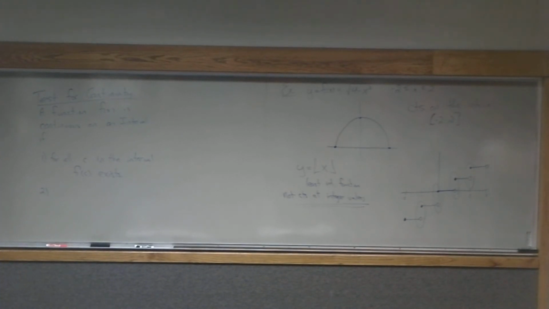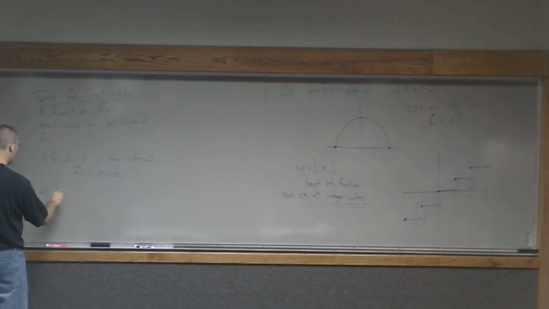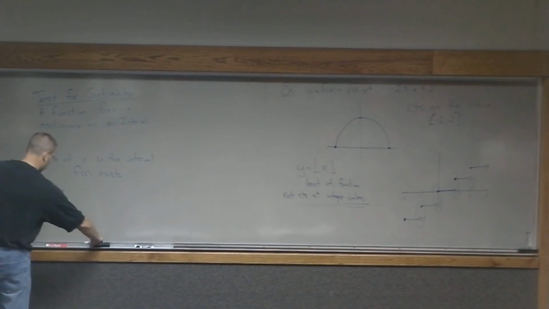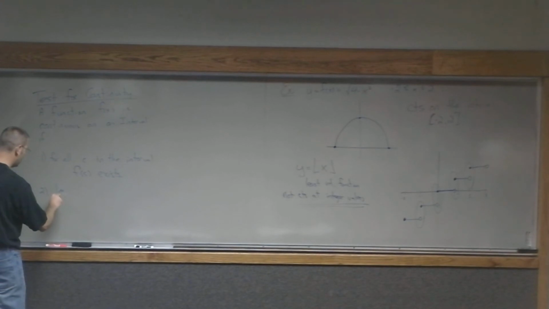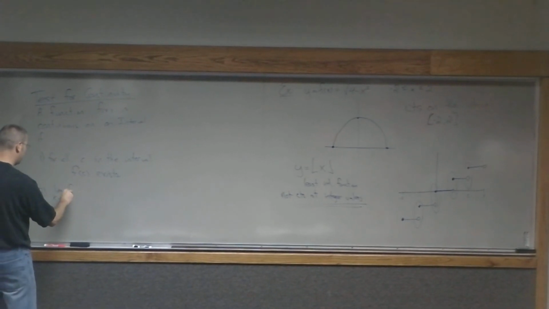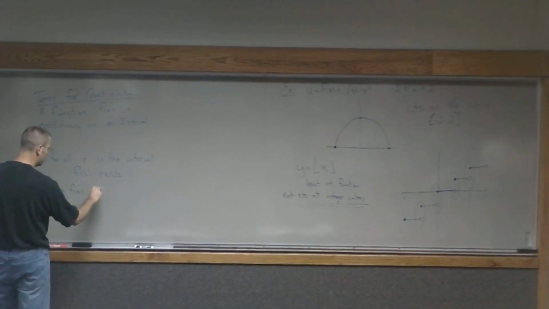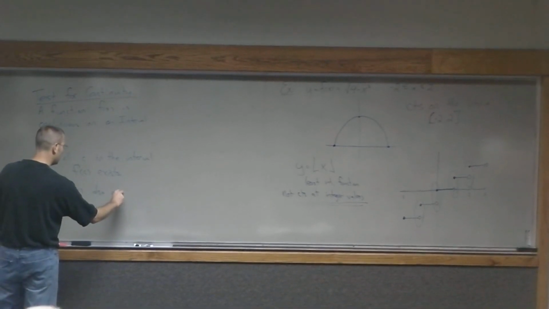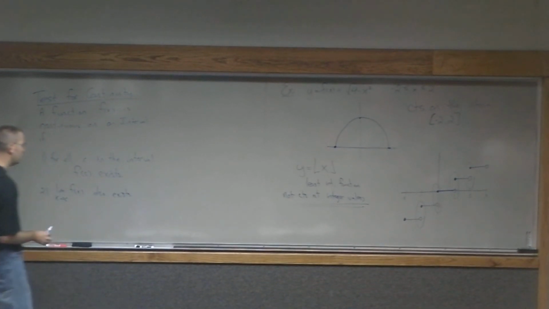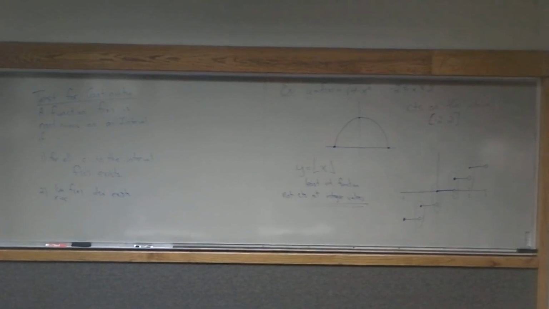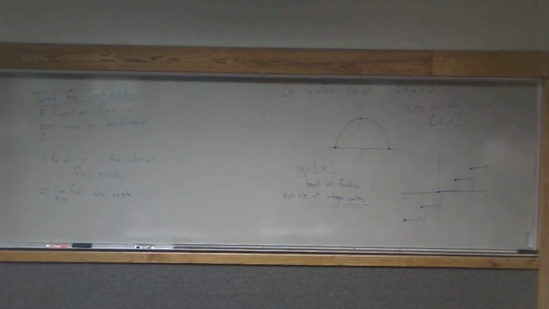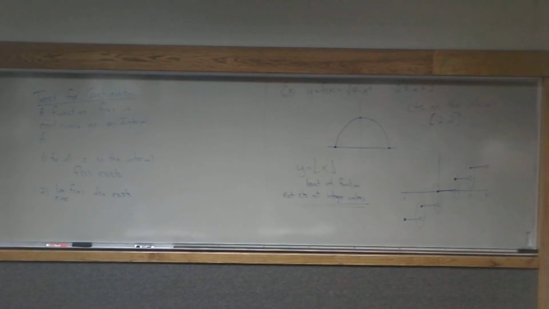The second one says that the limit as x approaches C of f of x also exists. So that means that as I get closer and closer to C, f of x gets close to some fixed number.